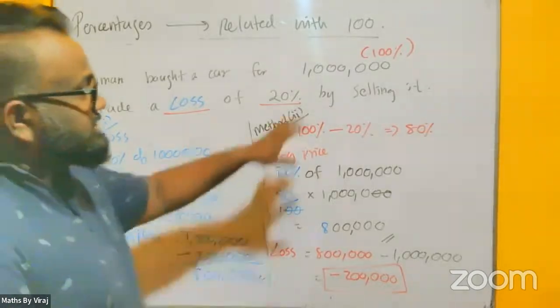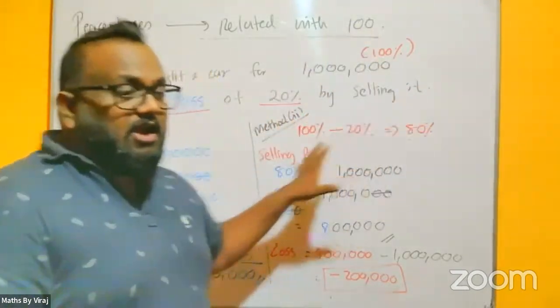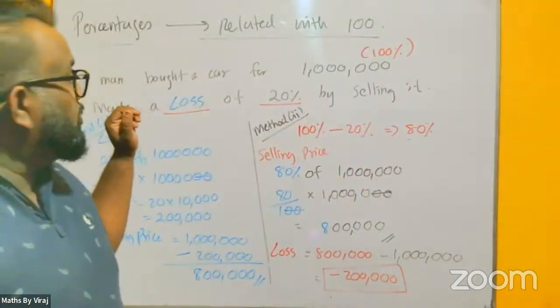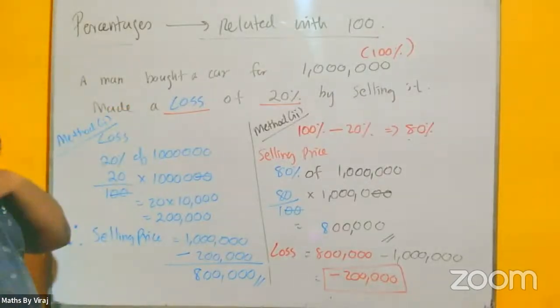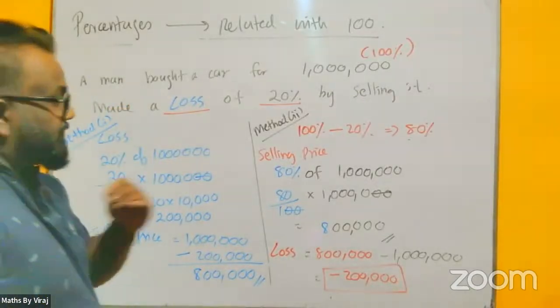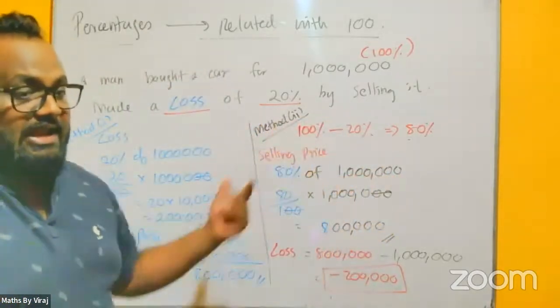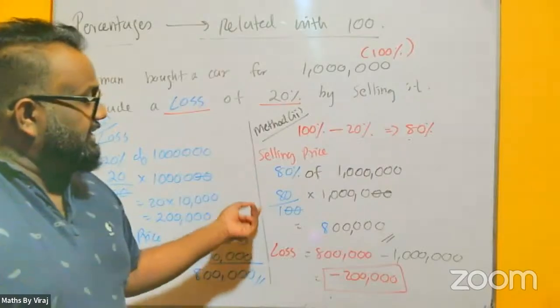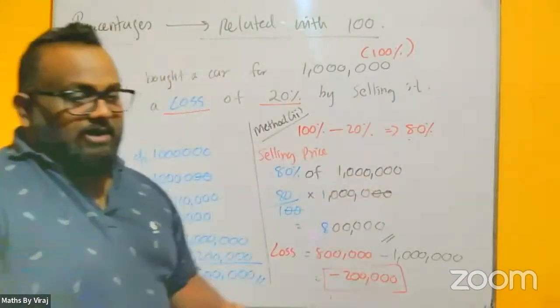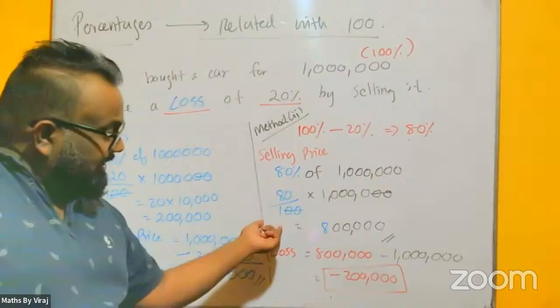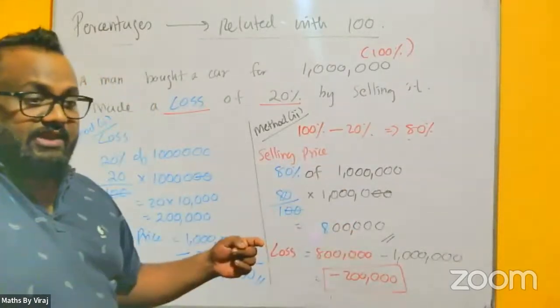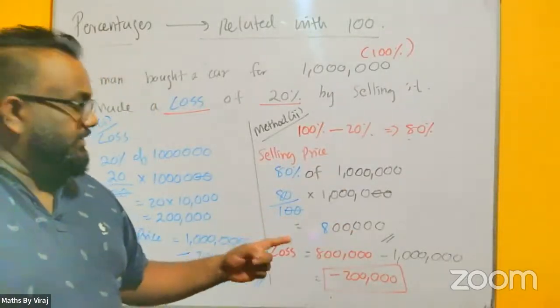Again, 100% is the amount with which I bought the car. I'm selling it for a loss of 20%. Therefore, from 100% I subtract 20%, which gives me 80%. Selling price will be 80% of 1 million. What is the answer? 800,000.